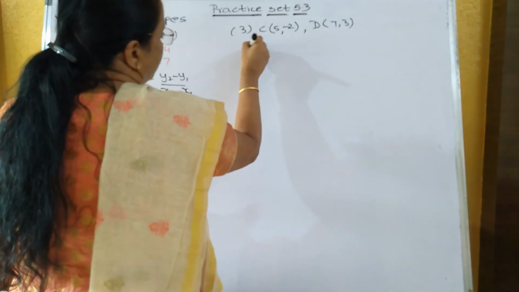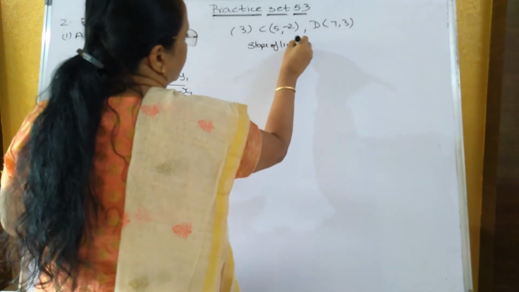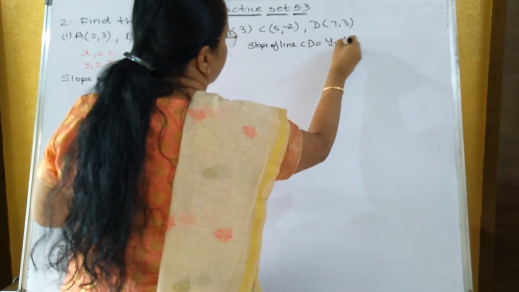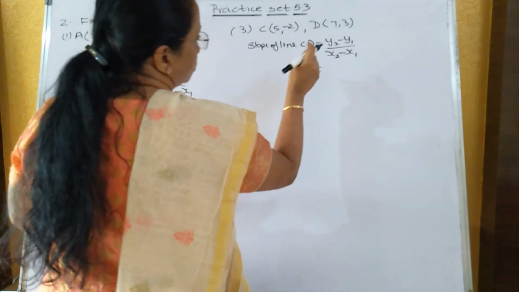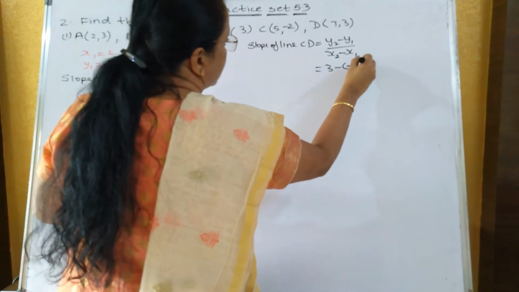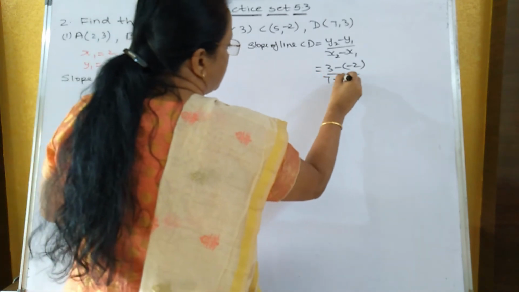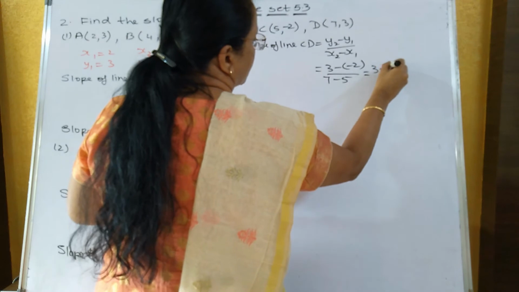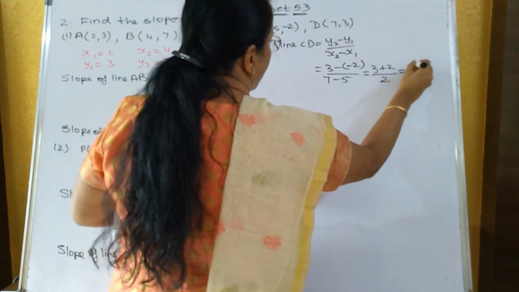So slope of line CD is equal to y2 minus y1 upon x2 minus x1, that's equal to 3 minus into minus 2 upon 7 minus 5, that's 3 plus 2 upon 7 minus 5, which is 2. That's equal to 5 upon 2.